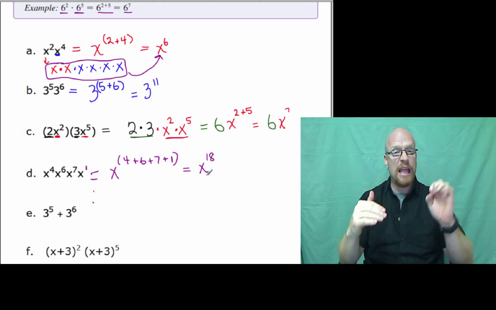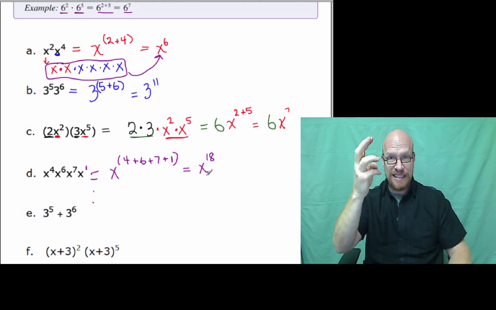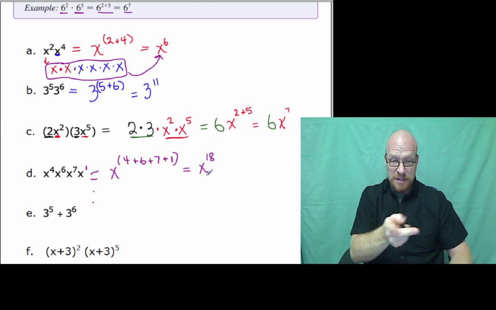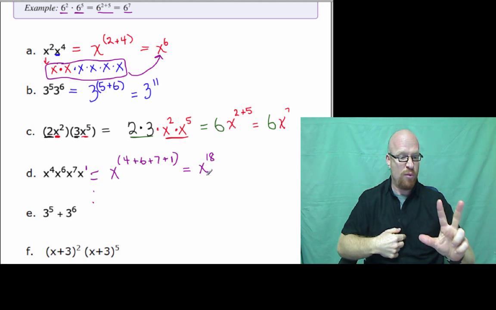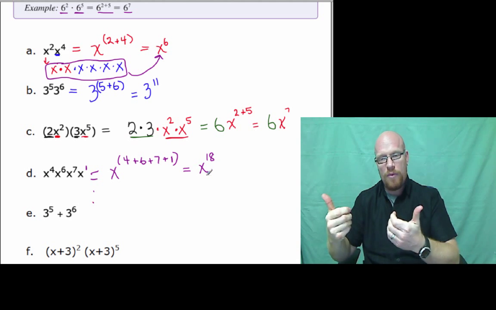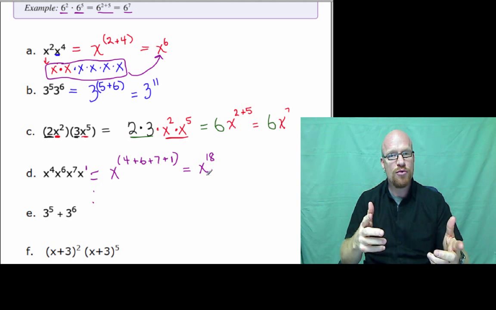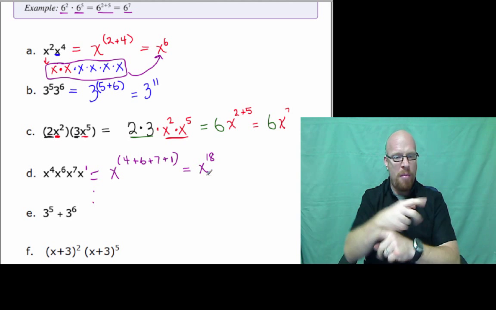Now we're going to example E. 3 to the 5th plus 3 to the 6th. Both have exponents. The bases match, but we're not multiplying them. So we can't add the exponents together. This is not a product rule kind of problem.